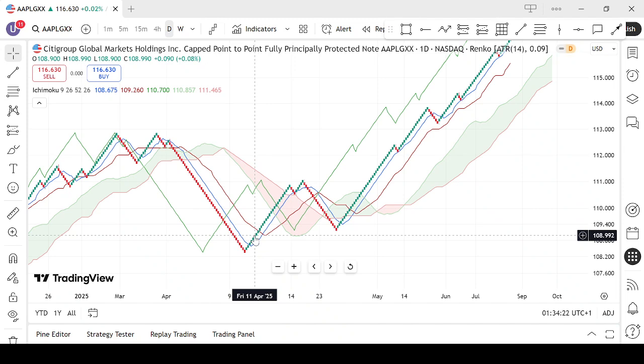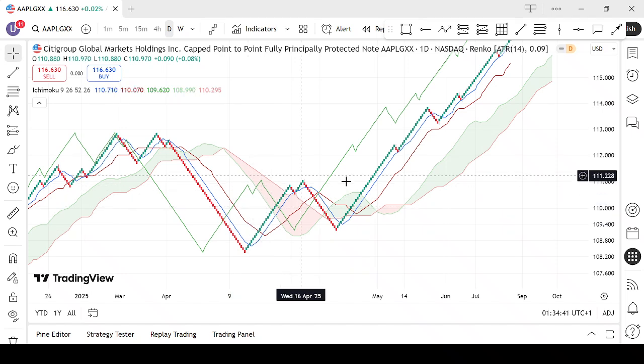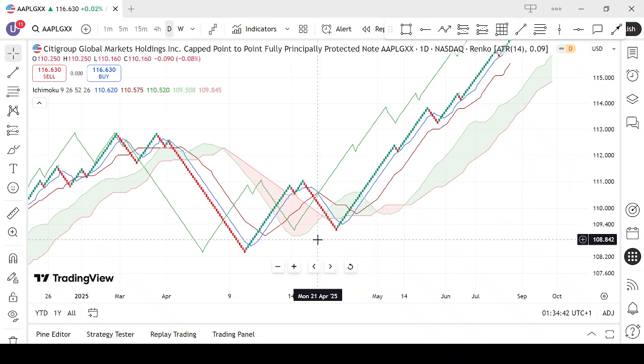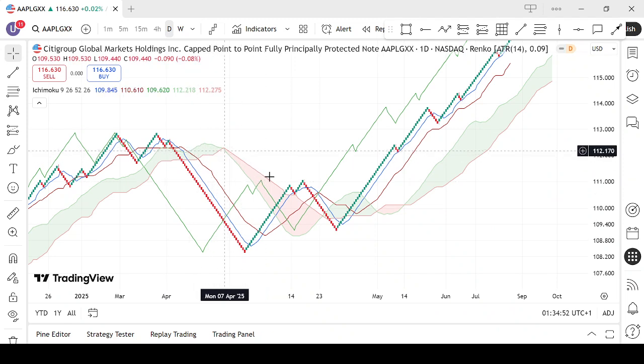Avoid trading when price is inside the Kumo cloud. Once you notice price is inside the Kumo cloud, avoid trading, because this signifies a sideways or potentially range-bound market with uncertainty. Only act when price breaks clearly above or below the cloud, like where price is clearly above it or clearly below it.